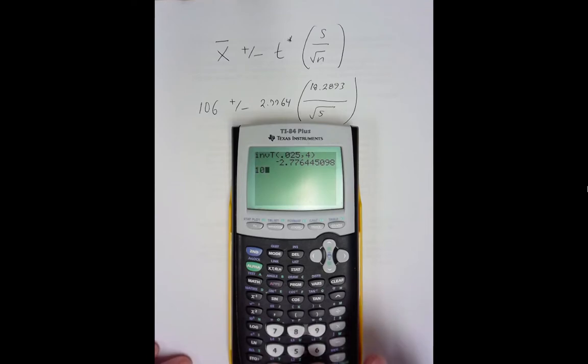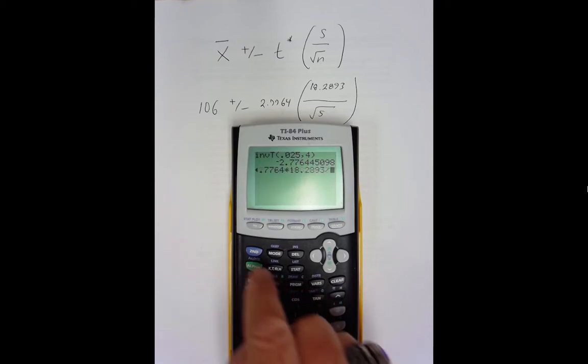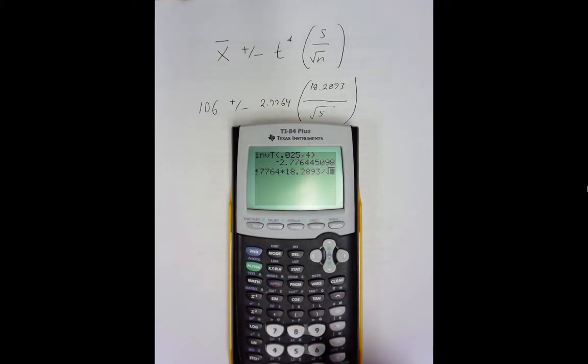So I'm going to do the left side first, and I would encourage you to always do that. So 106 minus 2.7764 times 18.2893 divided by the square root of 5.